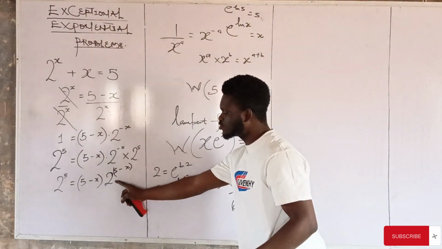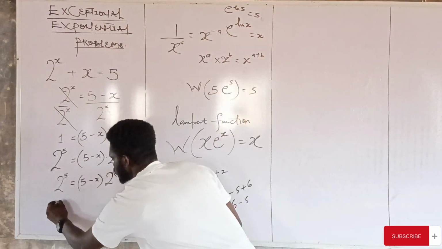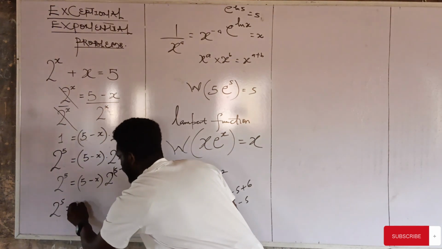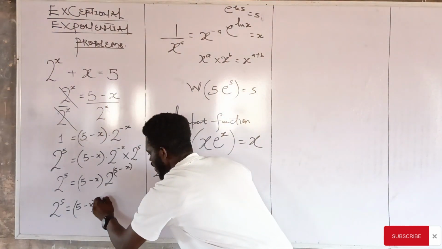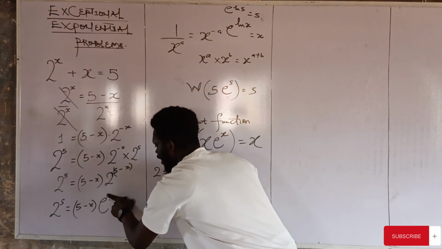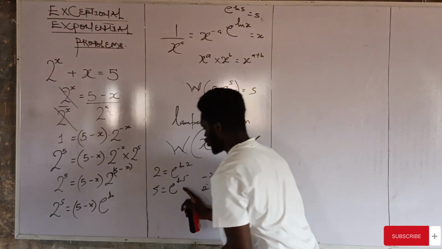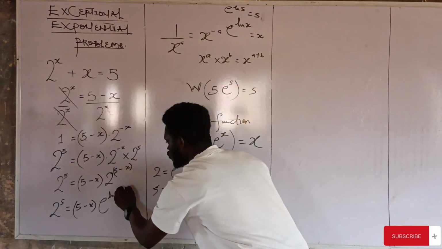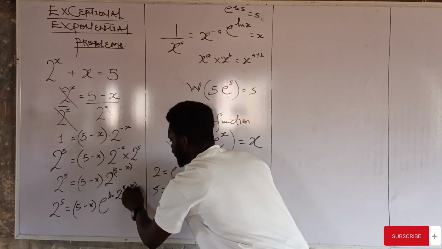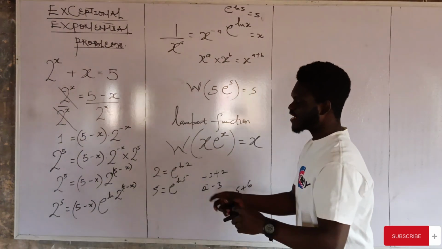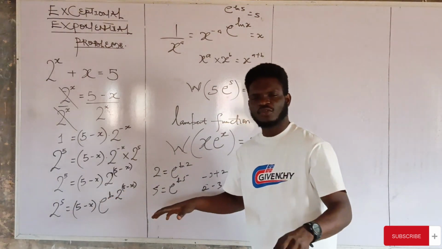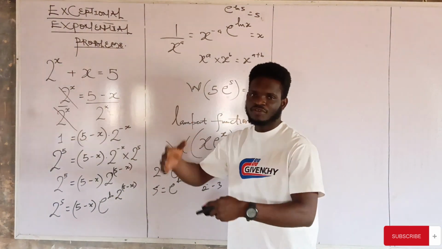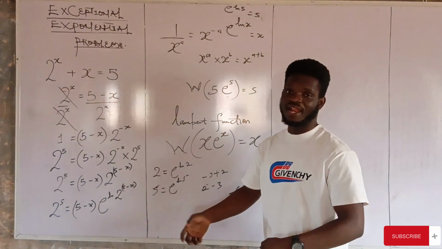We are going to rewrite 2 to the power of 5 minus x. It becomes e to the ln of 2 to the 5 minus x. Like I explained, the rules of ln, the natural log, are the same as the rules of logarithms. I explained it in that class on the relationship between natural log and logarithms.